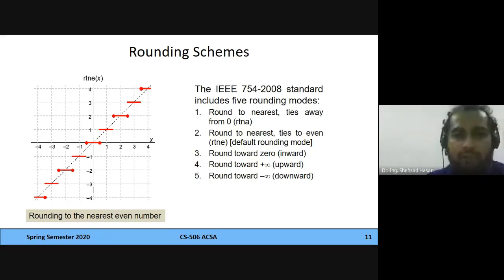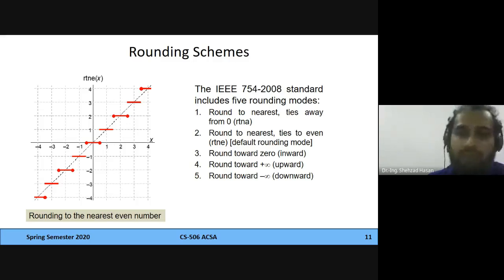Okay, round towards 0 means towards 0. So if you have a number like 3.45, in all these 3, 4 and 5 schemes, you are going to see that it's kind of a truncation operation. It never says that you have to round to the nearest. It says round towards 0. So if you have got 3.2, that's going to go to 3, and if you have got 3.9, that's also going to go to 3, right?